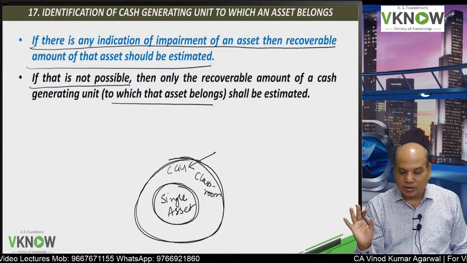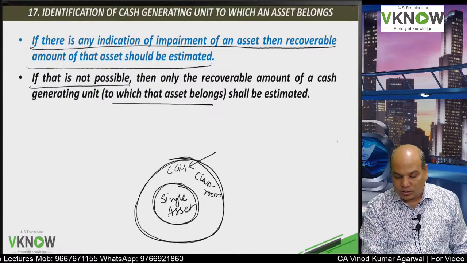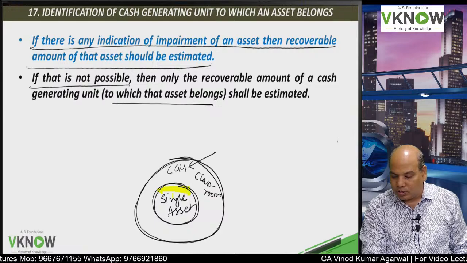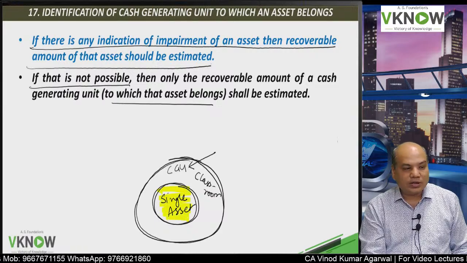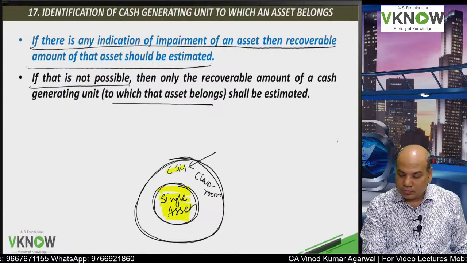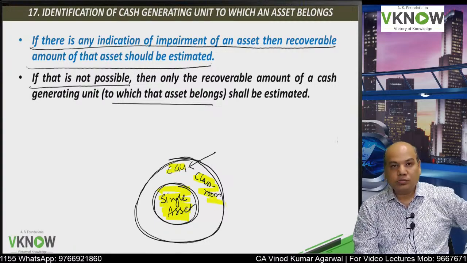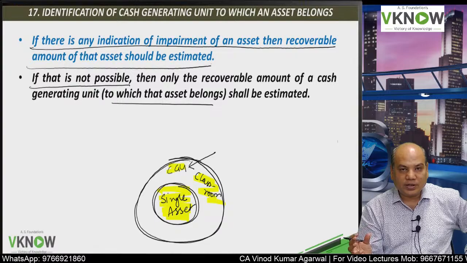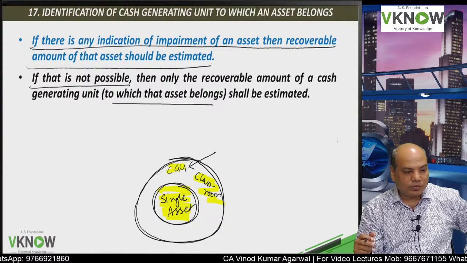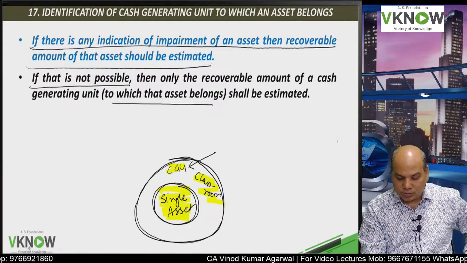for impairment. First, always, if possible, apply this standard to the individual asset. If not possible, then apply this standard to the group of assets which include the asset and which generates independent cash flow.